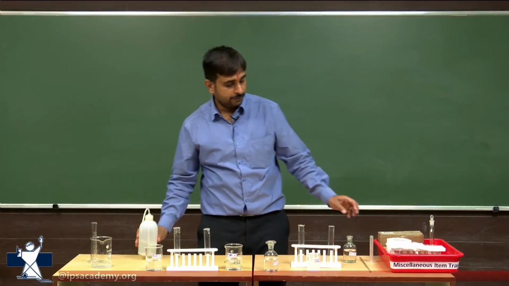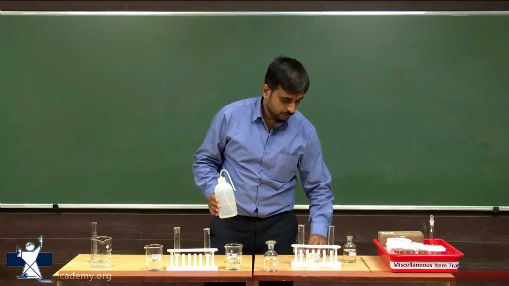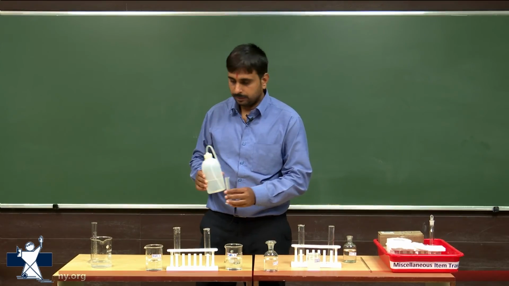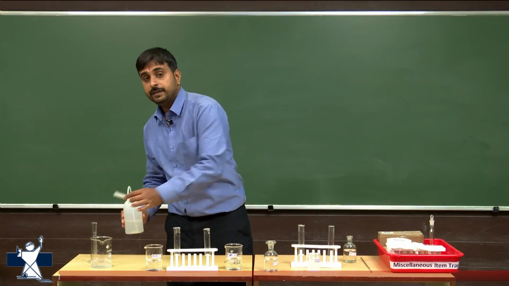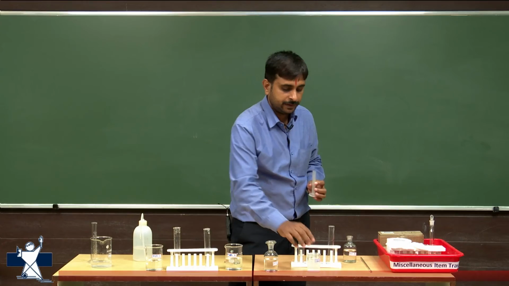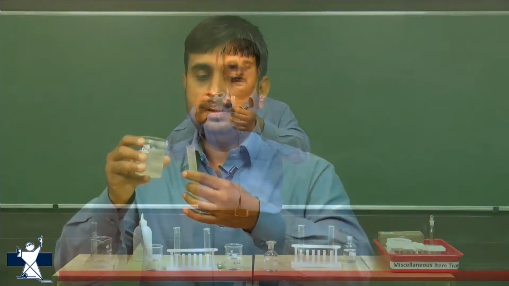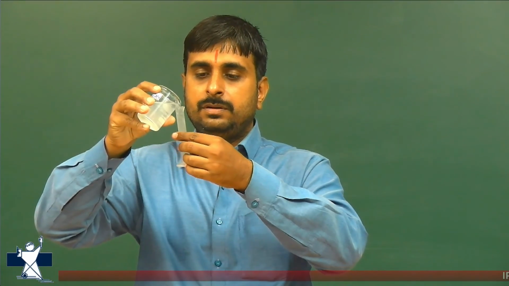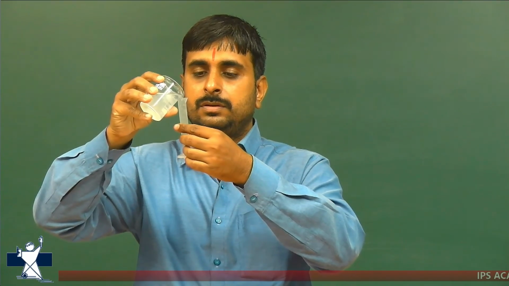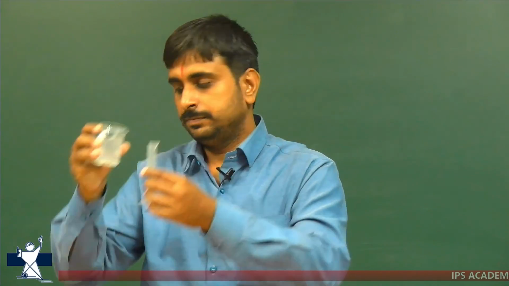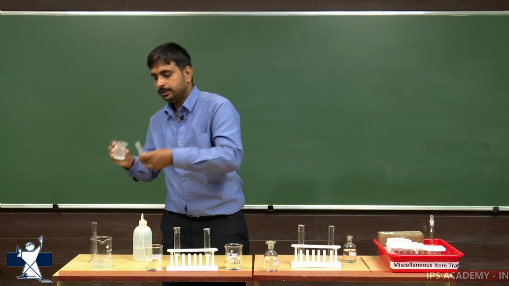Now, we will add 5 ml of barium sulphate reagent. I repeat, barium sulphate reagent in all the 3 Nessler cylinders. I shall rinse it properly.